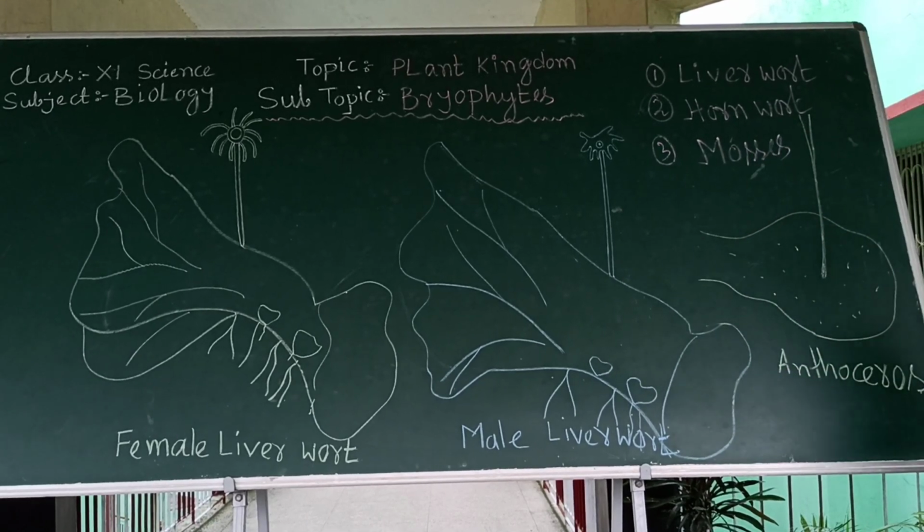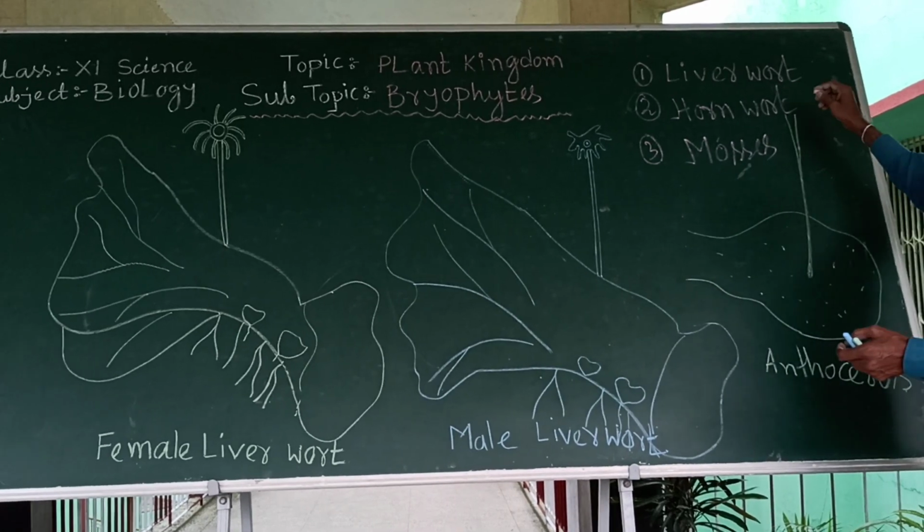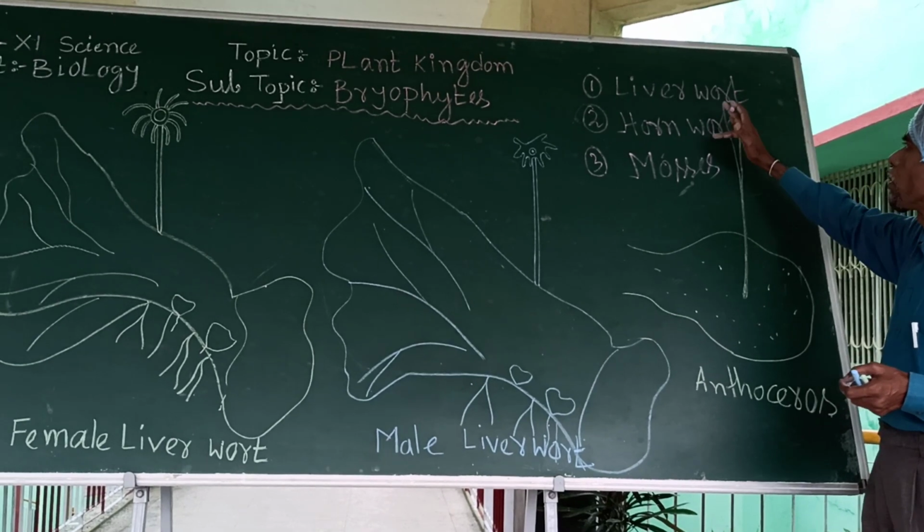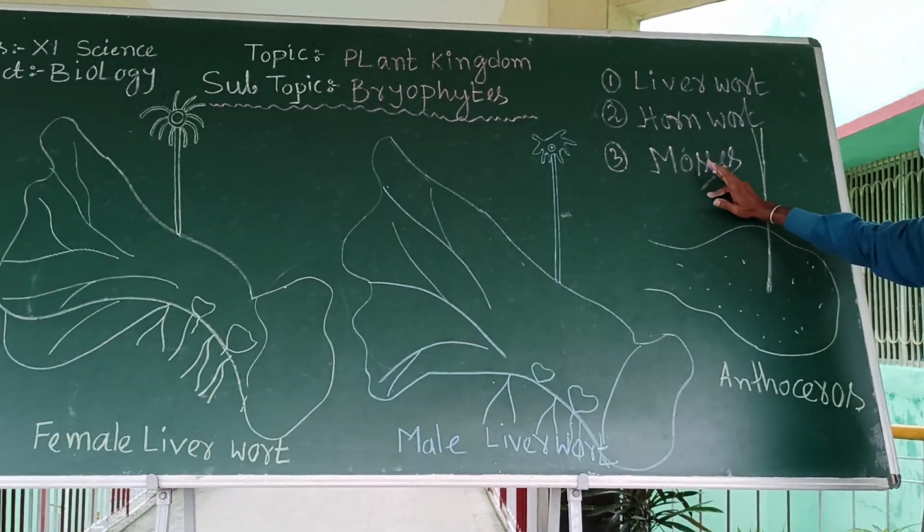So the bryophytes are basically divided into three divisions: liverwort, hornwort and moss.